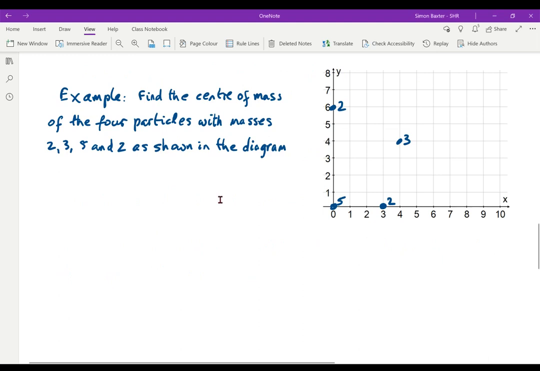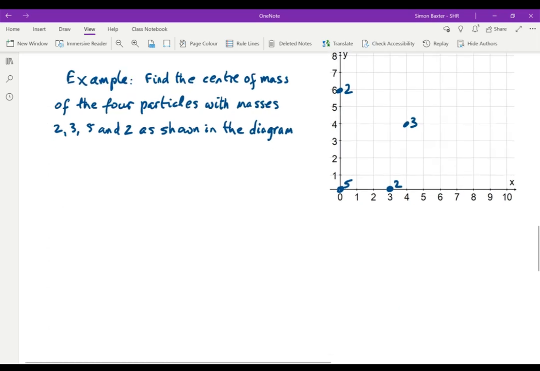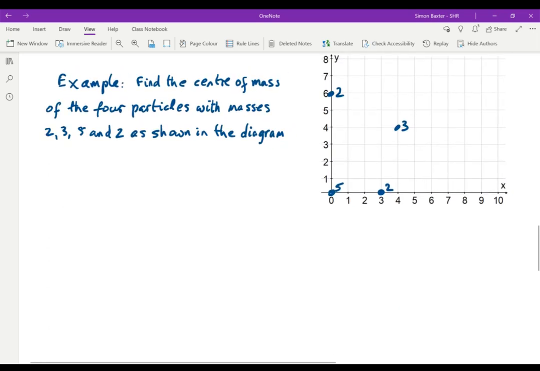Now let's do an example. Find the center of mass of the 4 particles with masses 2, 3, 5, and 2, as shown in the diagram. Okay, let's look for the solution.